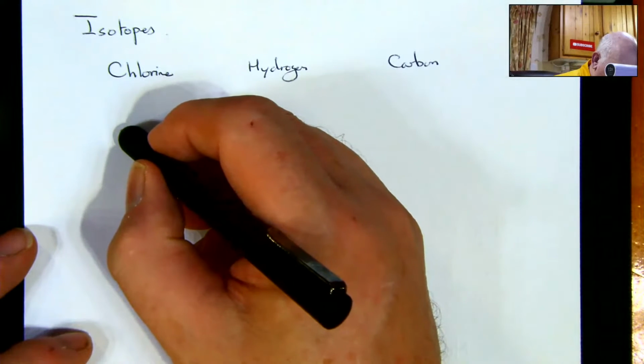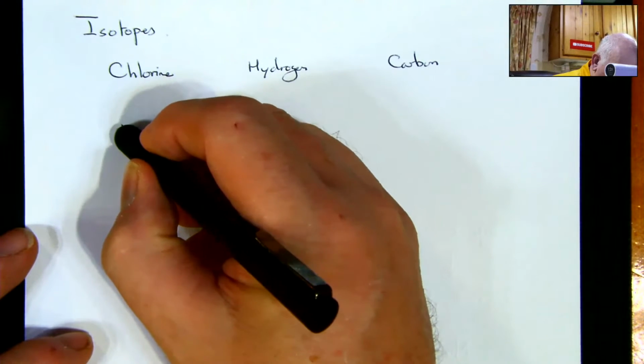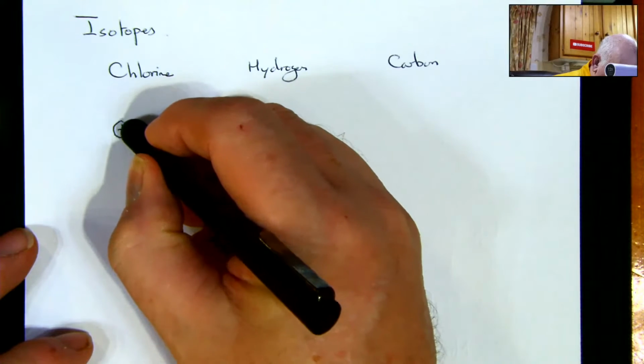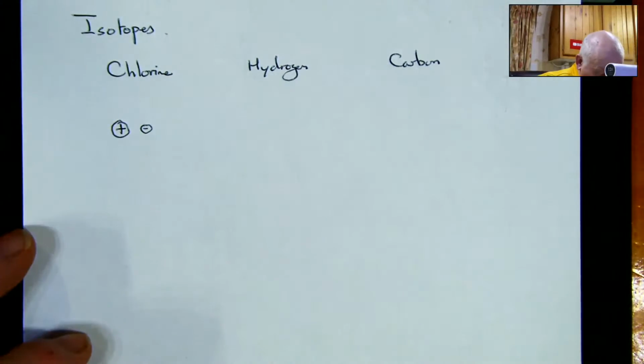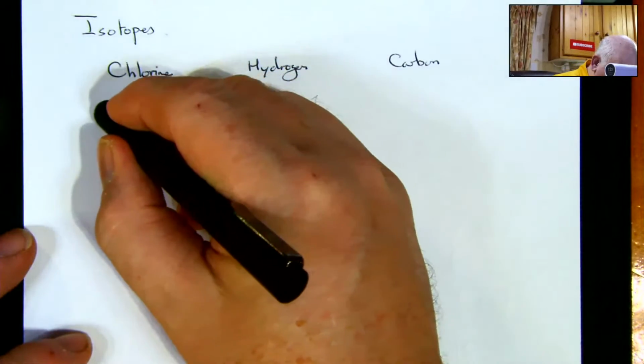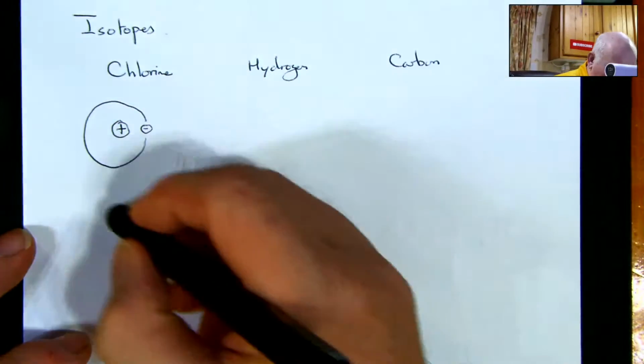Hydrogen has got a proton and one electron, and this one electron whizzing round.